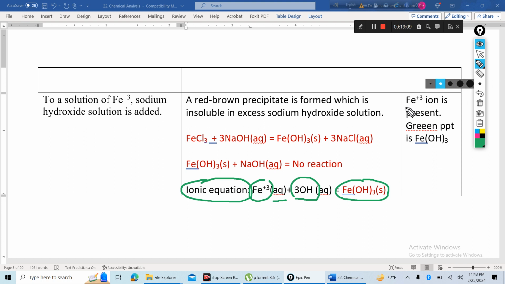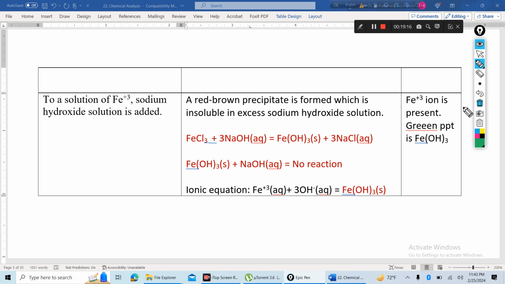If asked what ions are present, you write iron 3 ion present, and this is not green, this will be red brown precipitate, iron 3 hydroxide. So you have to learn: iron 2 hydroxide is a green precipitate, green solid, and iron 3 hydroxide is a red brown or brown precipitate.